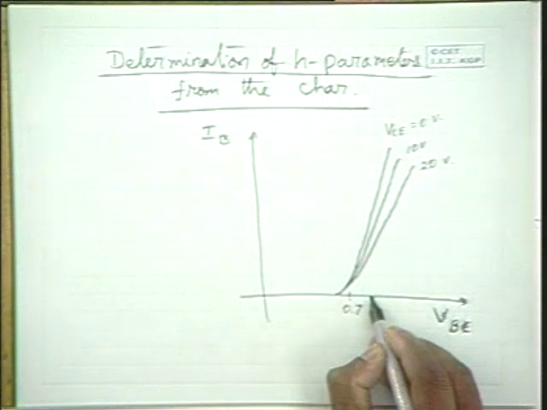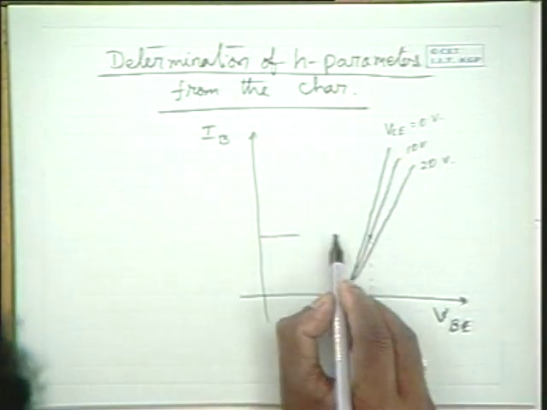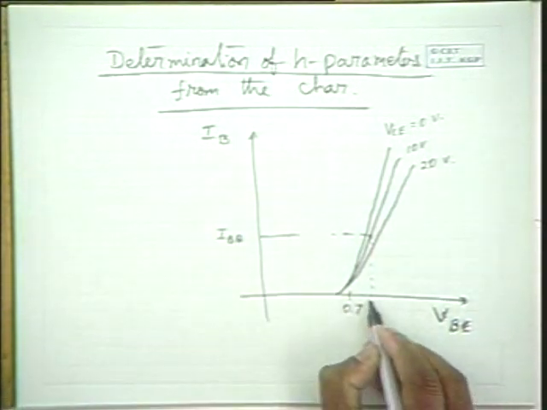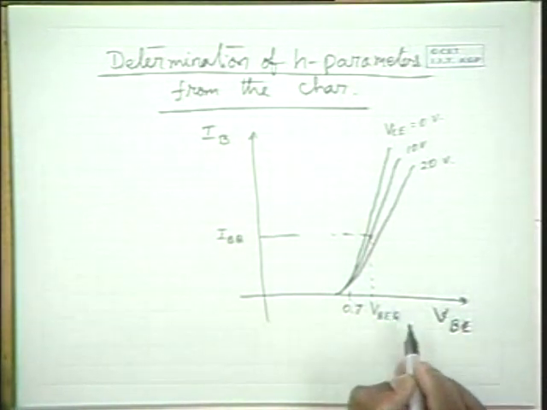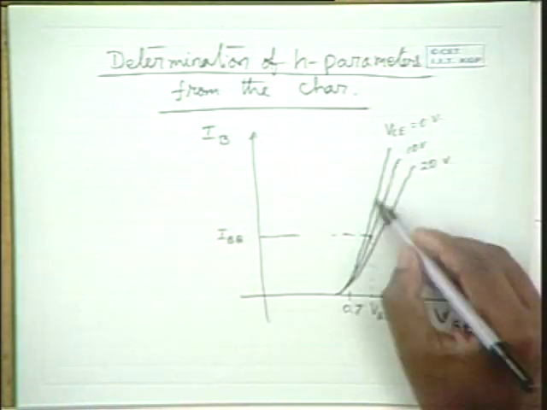Now let us say the Q point is somewhere here. So that means this is the IBQ and this is the VBEQ. And let us say VCEQ is 10 volts.